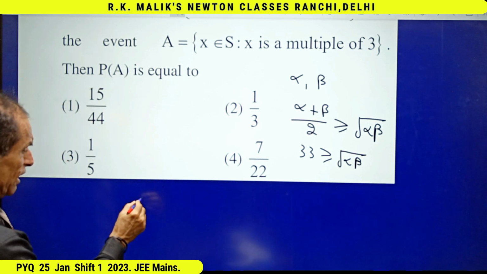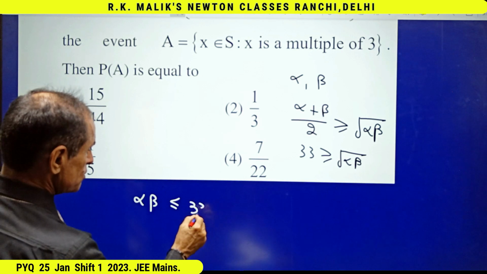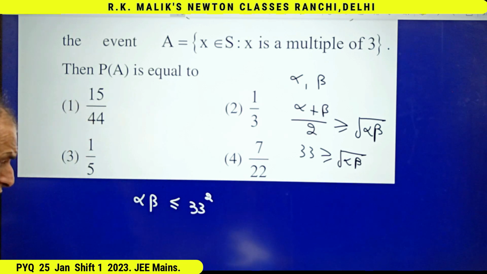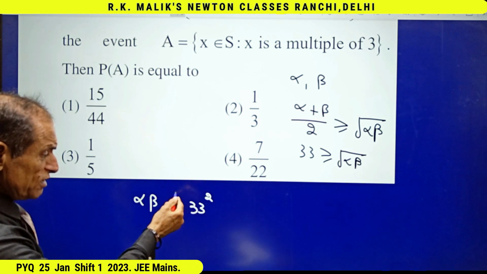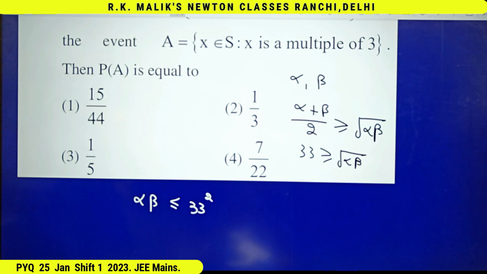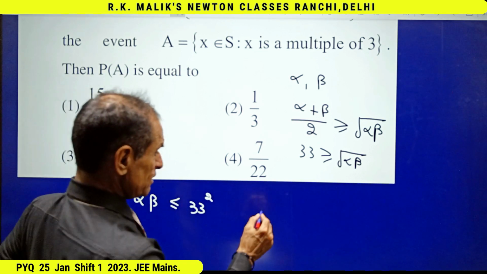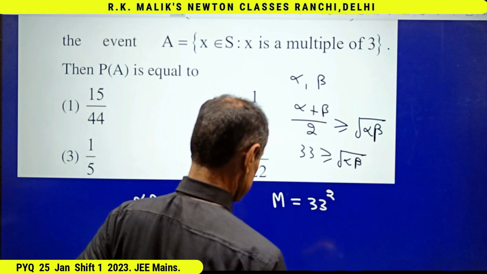That is, I can say alpha beta is less than or equal to 33 square. And because this is less than or equal to this, hence I can say this is the maximum value of the product of alpha and beta. That is, I can say the value of capital M is 33 square.